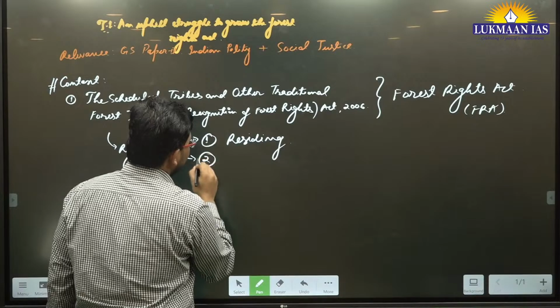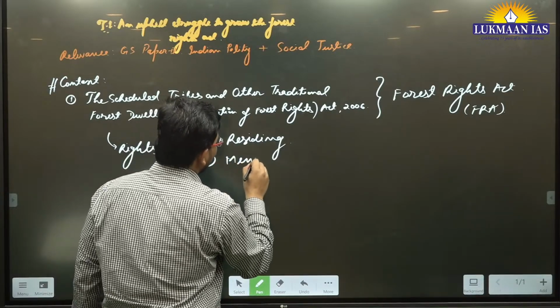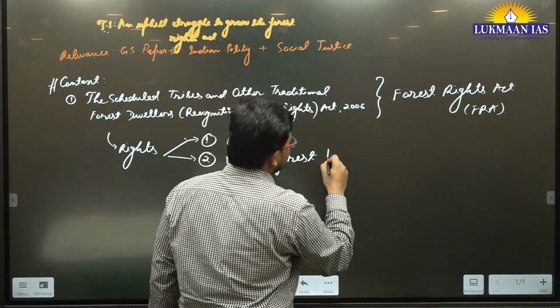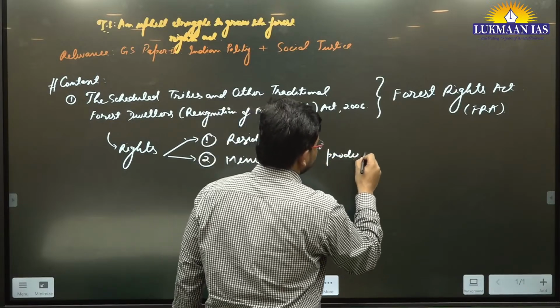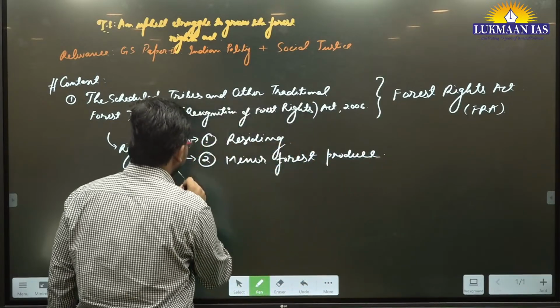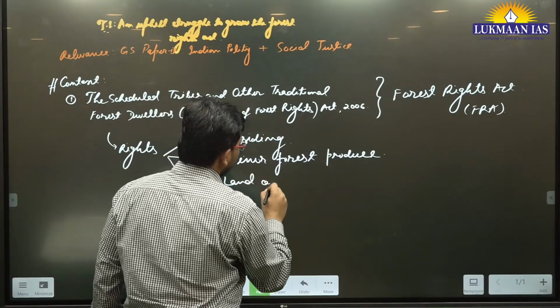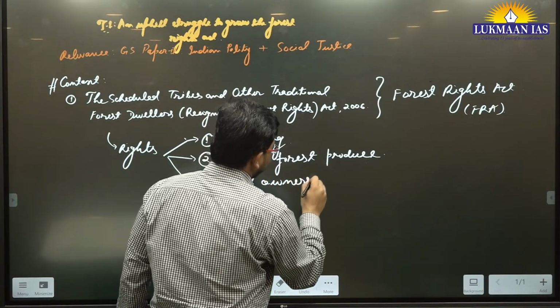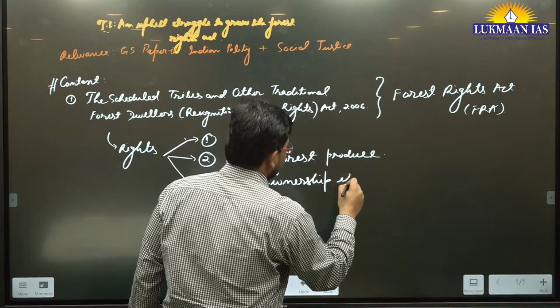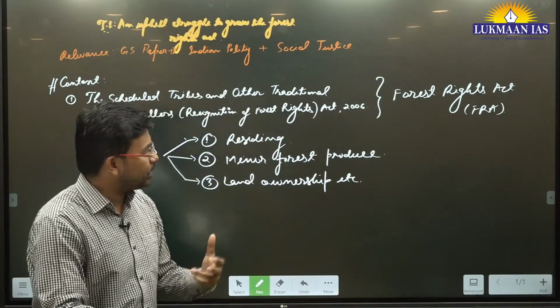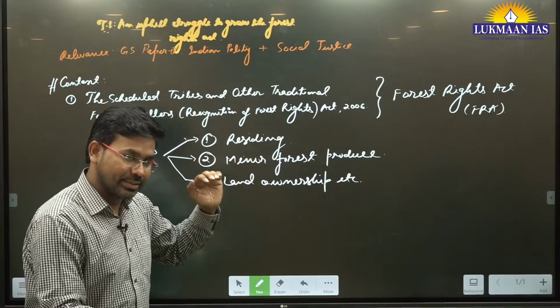Second, rights related to minor forest produce. Rights related to land ownership, etc. So there are many rights associated with those people who reside in the forest areas.